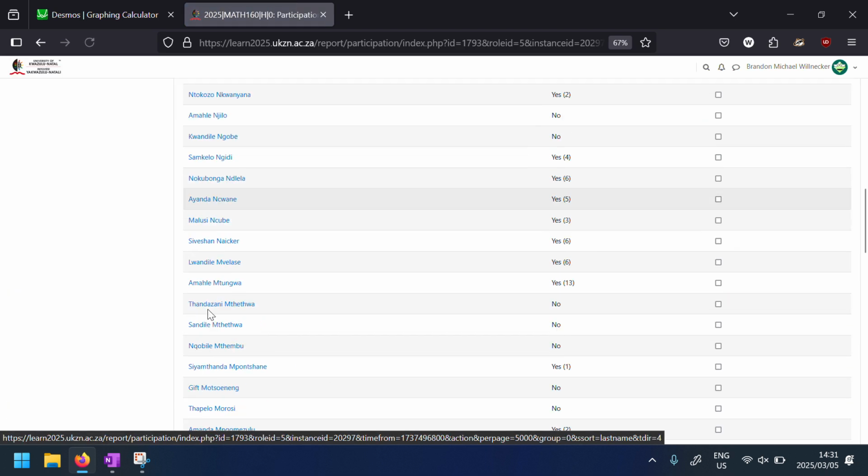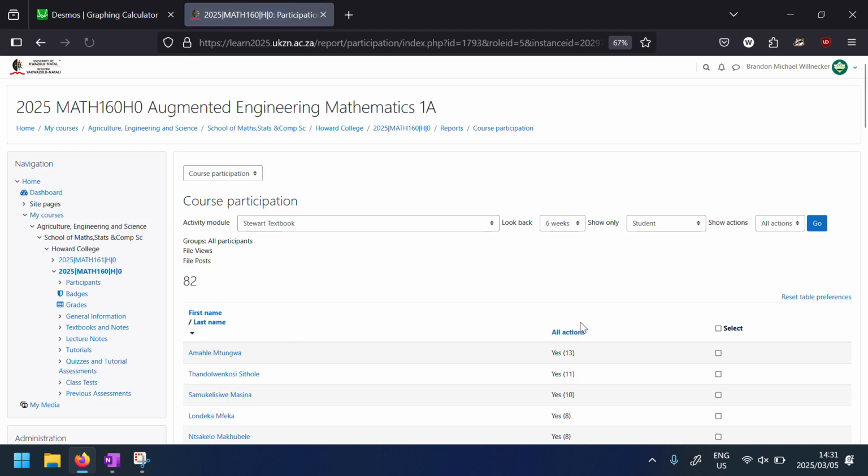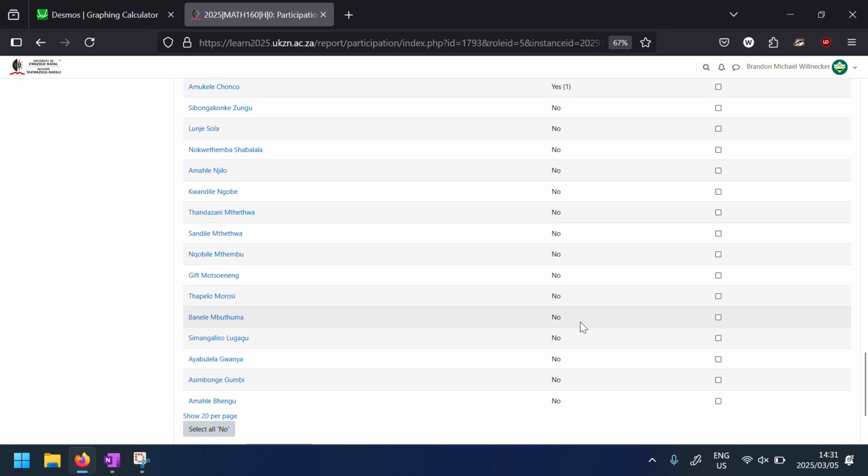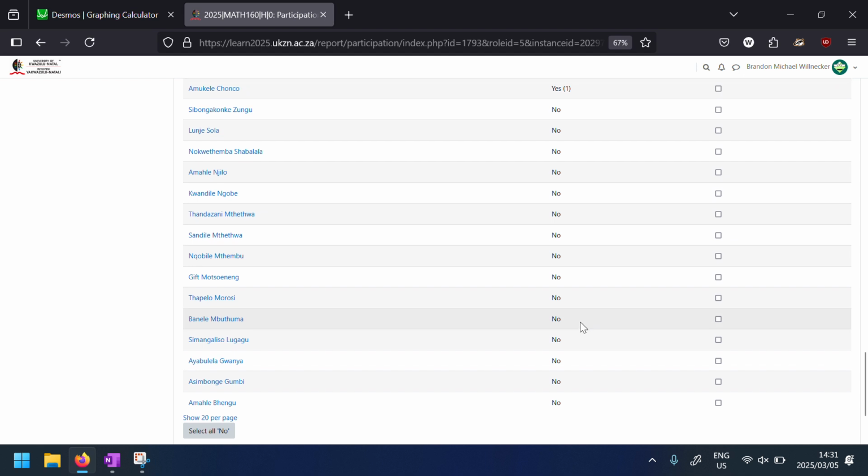Let's show all. These at the bottom here have not opened the textbook, which is a little bit concerning because last week I gave a reading assignment. I said read on functions, remember? How are these students reading the chapter on functions if they have not opened the textbook? Very interesting that you can read the chapter on functions and not even open it.